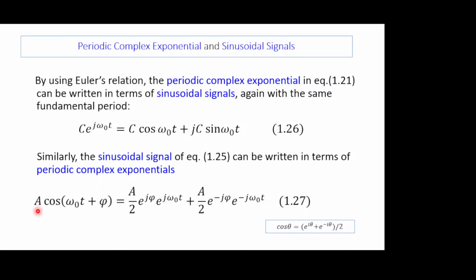So we can go back and forth between the periodic complex exponential and the sinusoidal function. And one of them is this. This is just Euler's relationship. So on one side we have the periodic complex exponential, and the other side is the linear combination of sinusoids, so we have cosine and sine.